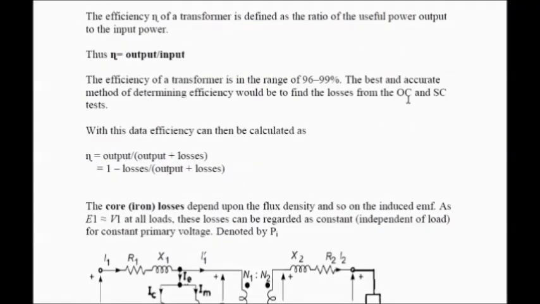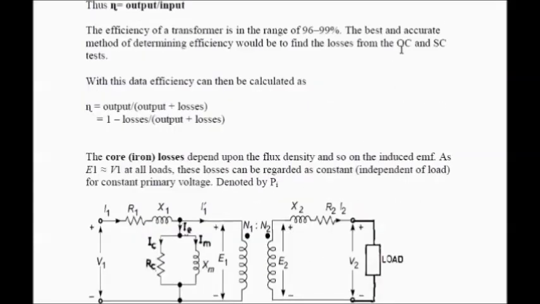Hence we can use OCSC test to find efficiency of a transformer, and from this OCSC test actually we can find losses of the transformer. See, this OC test or open circuit test will give you core loss, and SC test or short circuit test will give you copper loss.